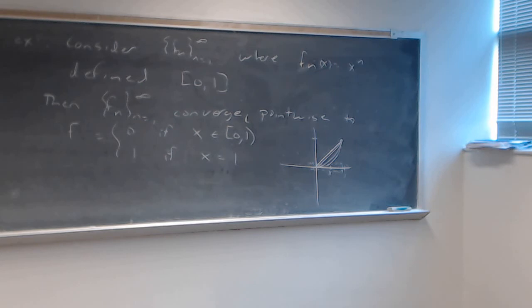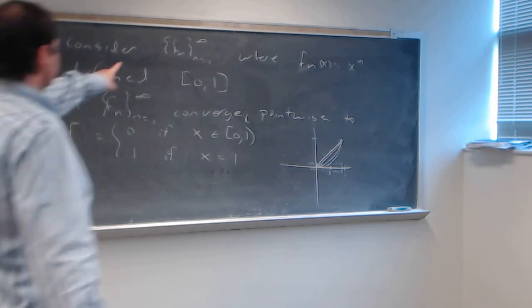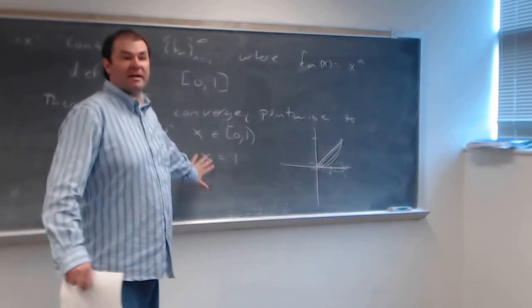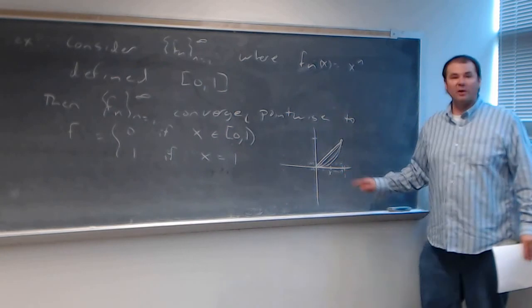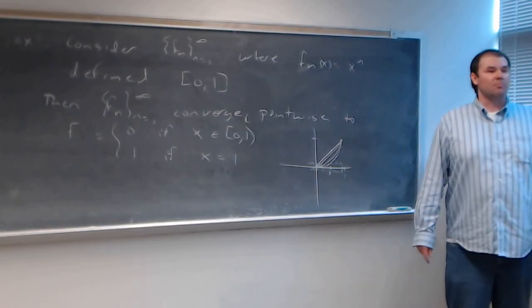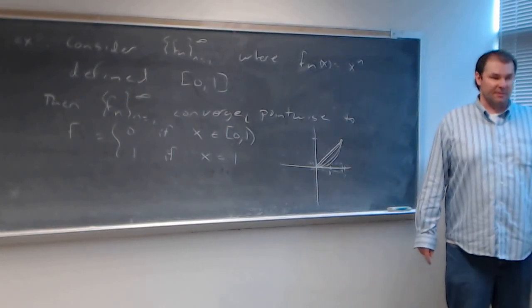So what I'm saying is to force f sub n of 0.9 to be within 0.001 units of 0, you have to go to the 66th function in this sequence. And then from then on, all the functions of that sequence evaluated at 0.9 will be within 0.001 units of 0. Does that make sense?